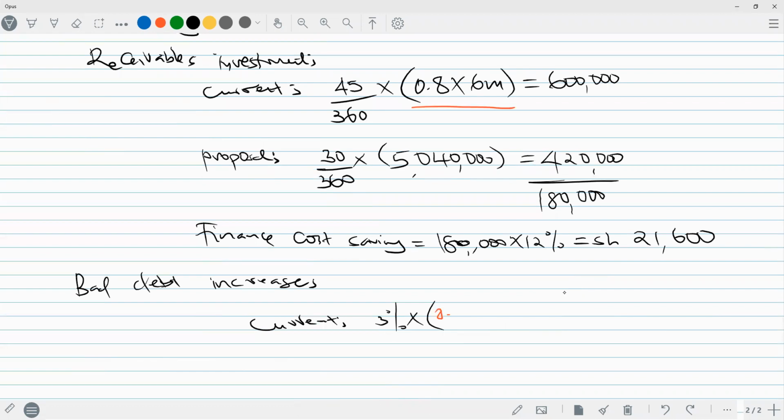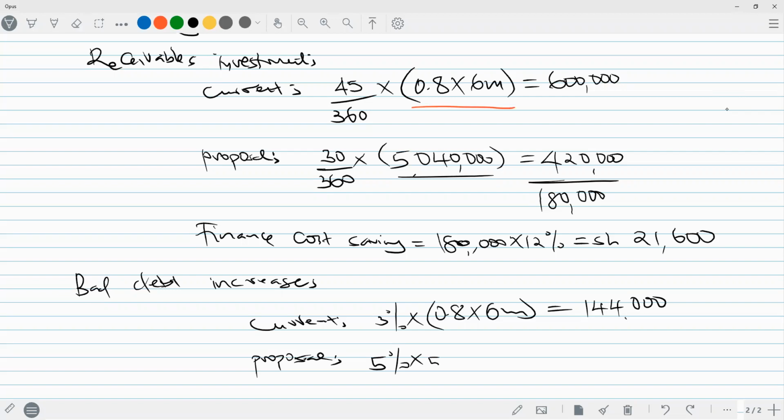So 0.8 times 6 million, to give the company's current bad debt expense, how much? To give us a total expense of 144,000. If we implement the proposal, the bad debt will be 5% of the company's credit sales, which you have here, which is 50/40.